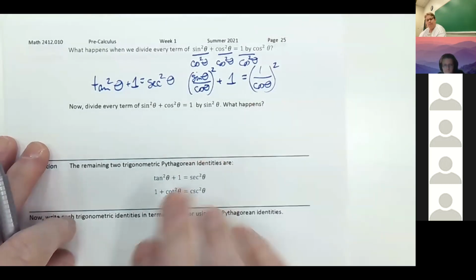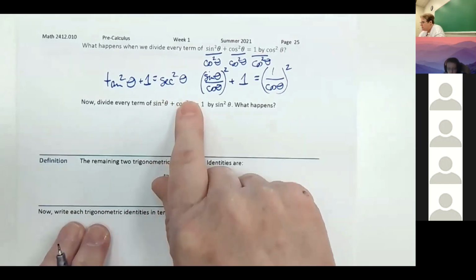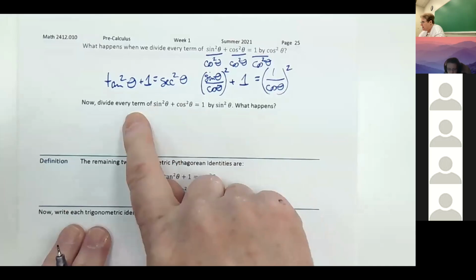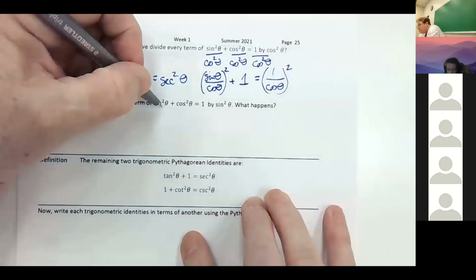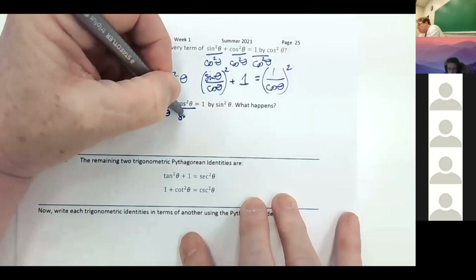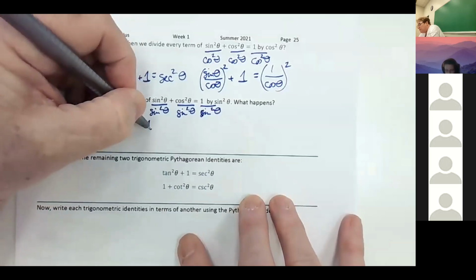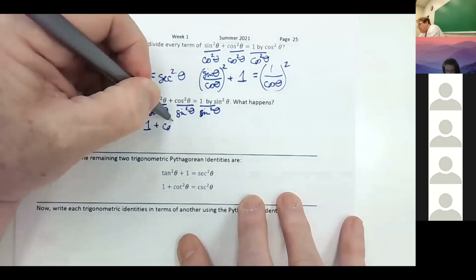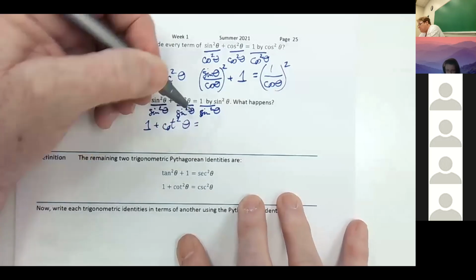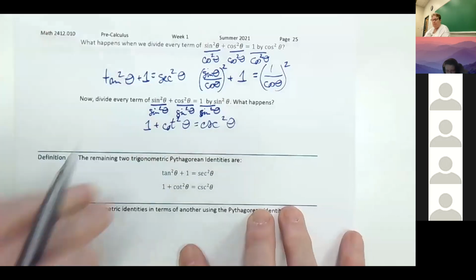It's kind of backward. If we start with sine squared theta plus cosine squared theta equals 1 and divide everything by sine squared theta, excellent.